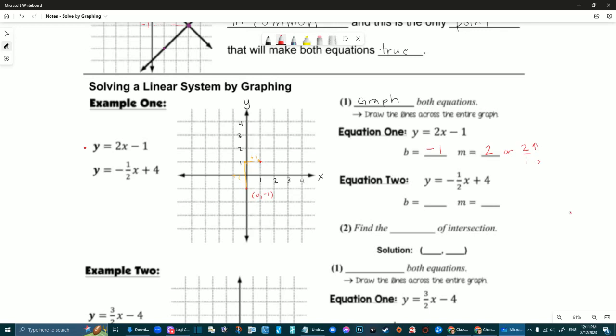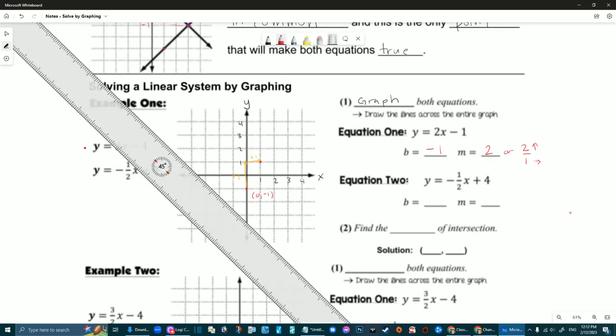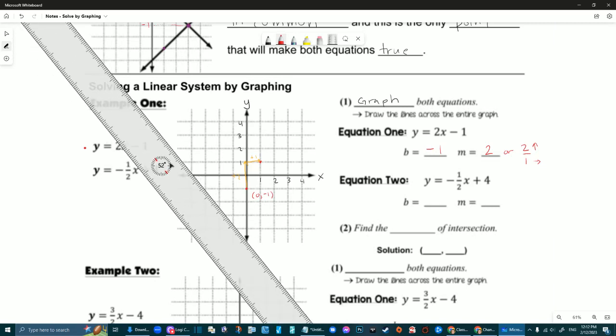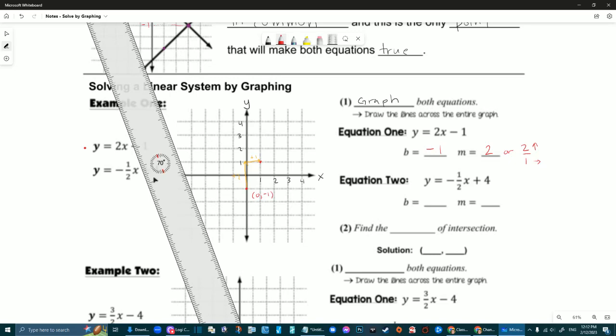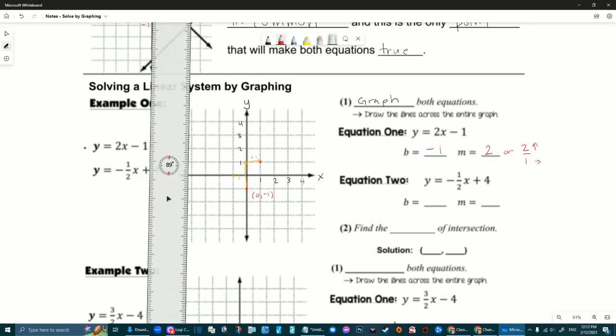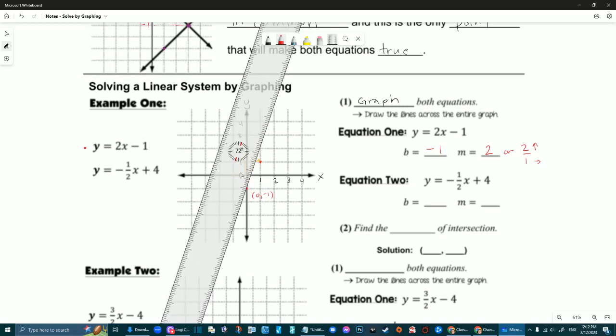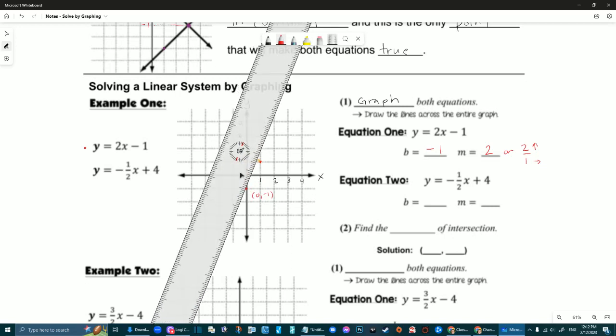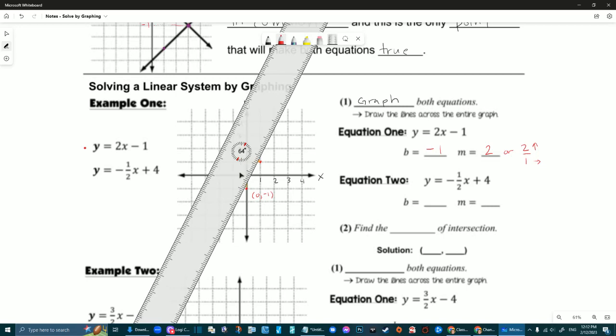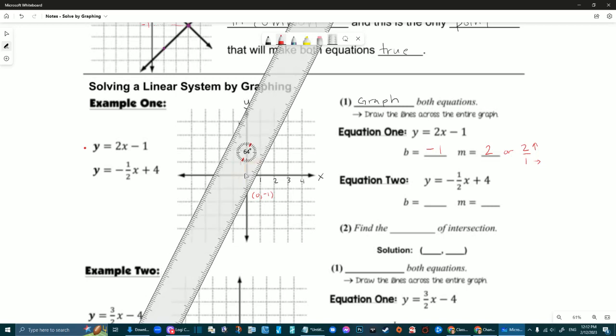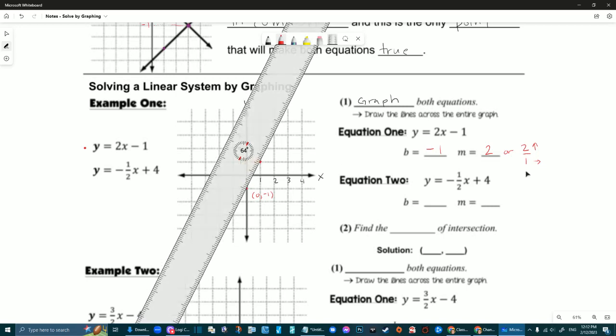And then the next thing is I grab that ruler and I play connect the dots. Looks like it lines up.